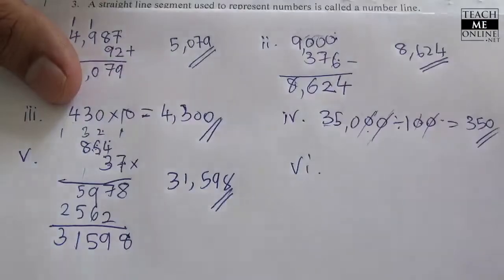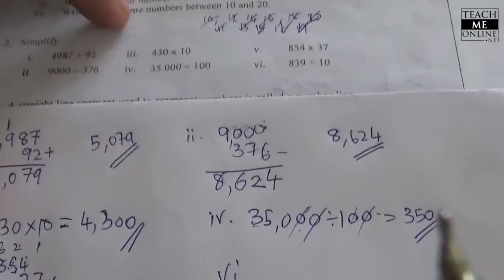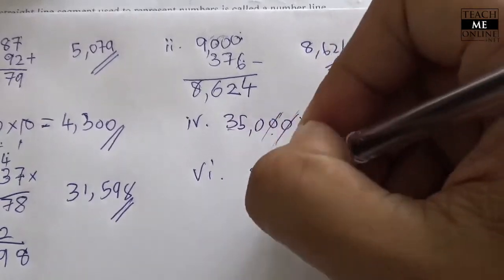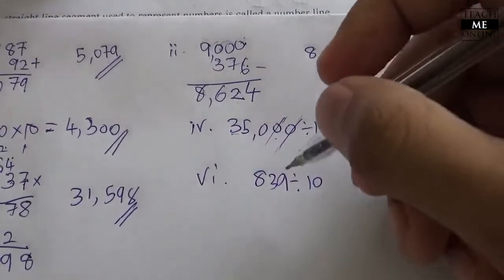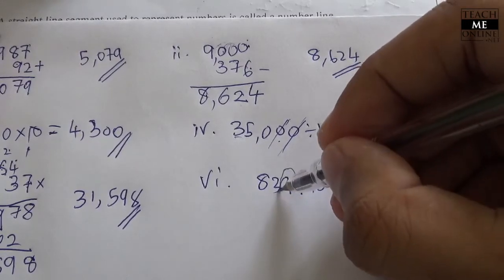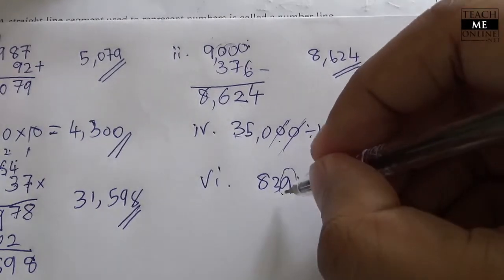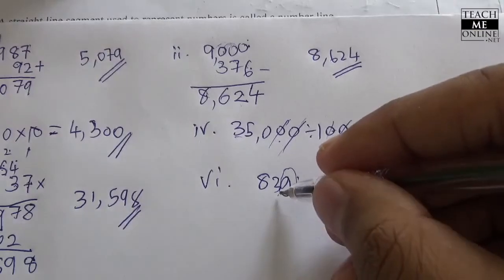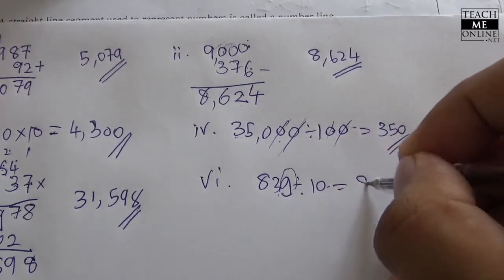Question number 6. 839 divided by 10. So very easy. We are dividing by 10. Just move the decimal place to the left by 1. So we get 83.9 as the answer.